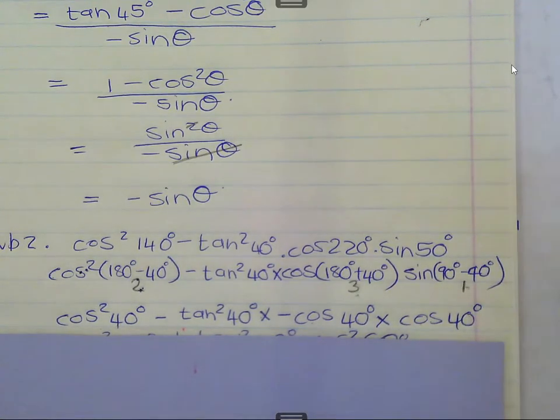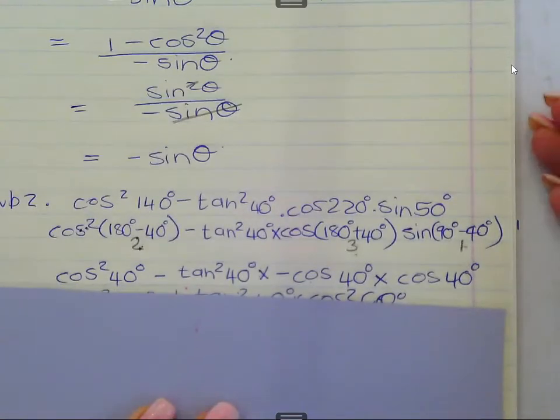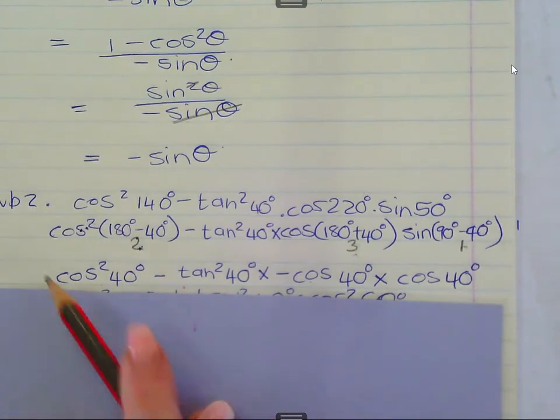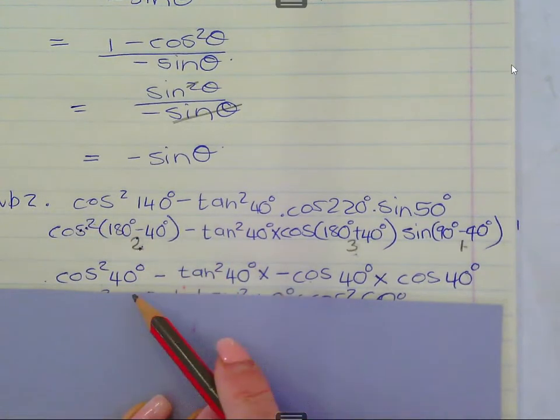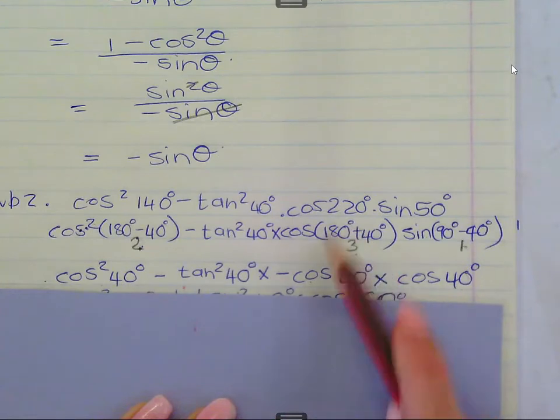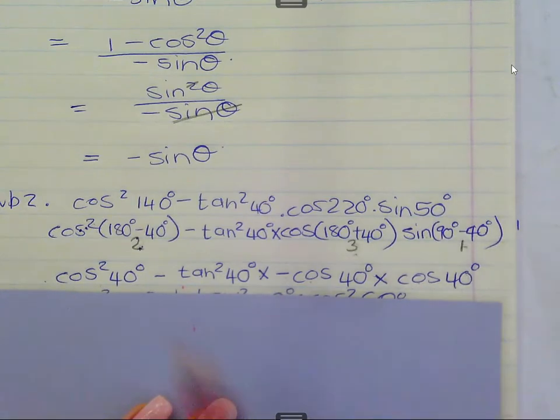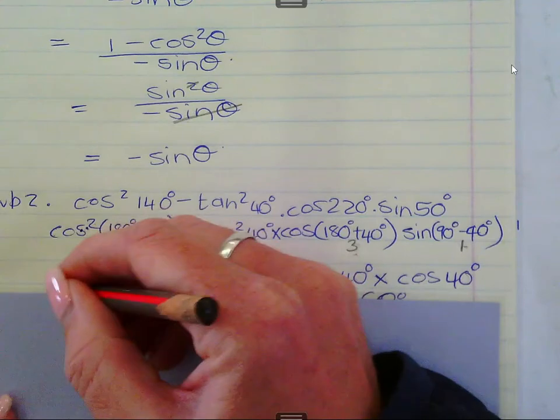So do you understand where all the positives and negatives came from? That one was negative, but the square made it positive. That is a minus. It was there. That is in the third quadrant, so it's a negative cos, and that one is first quadrant, so it's positive. Now, I know you guys sometimes struggle to see this.